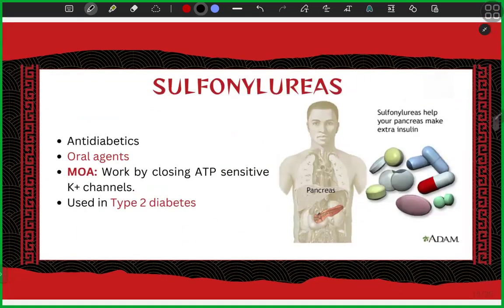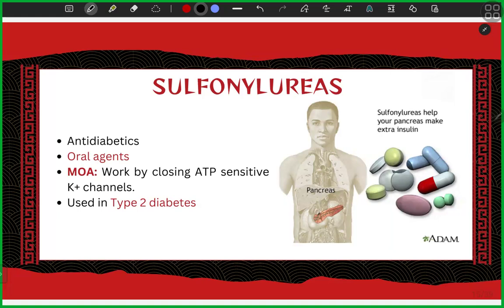Okay, so there's these drugs that have a similar mechanism of action. They're anti-diabetics given to diabetic patients. They're called sulfonylureas. So they're basically oral agents.